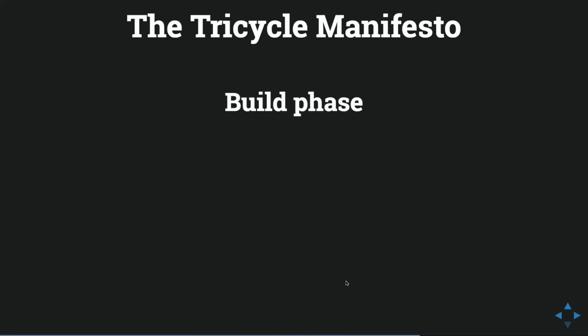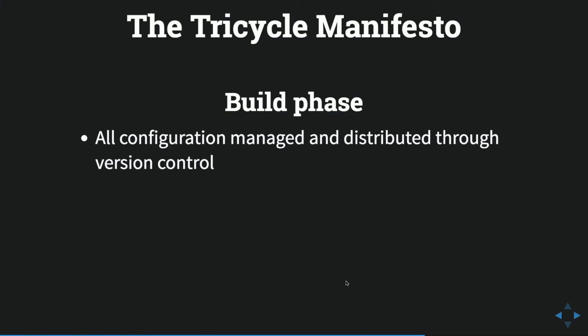All right, and then switching gears to the build phase, right? Now this is what we're familiar with, we talked about earlier with the enterprise workflows. So get your configuration into version control and push it up to your repository and out to other developers so that they can integrate.